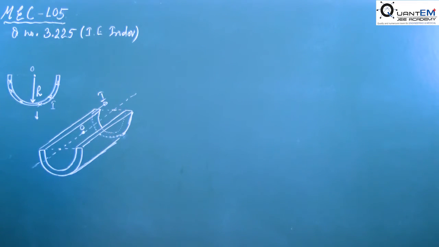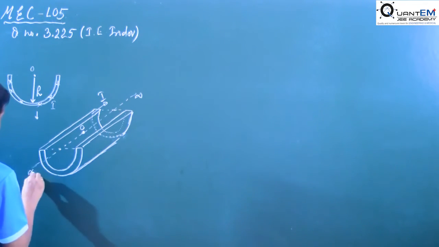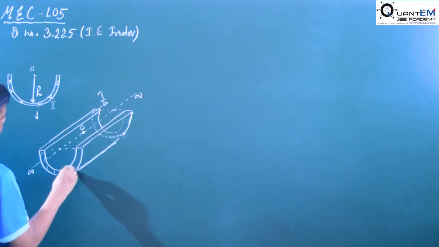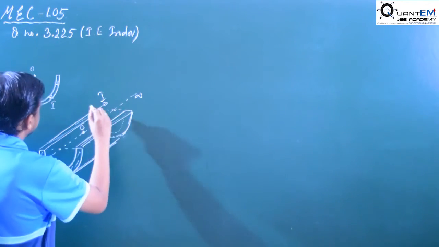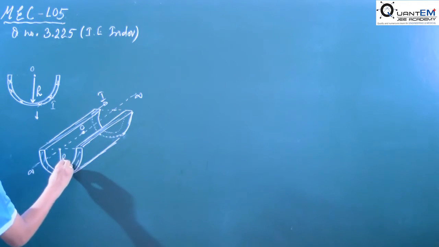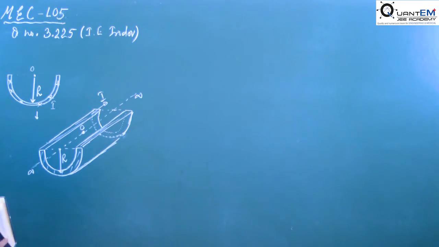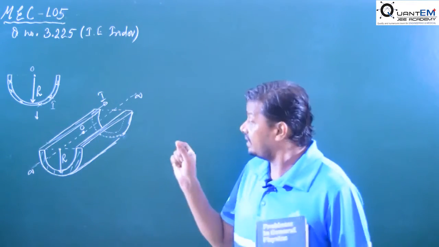Suppose it is point O, and this conductor is of infinite length. This conductor we have given, and radius is given as R. So firstly we find, say this conductor is composed of a number of thin linear elements.